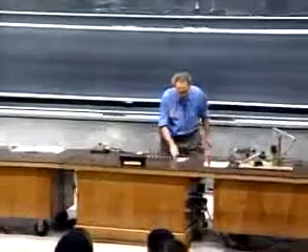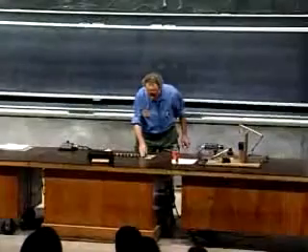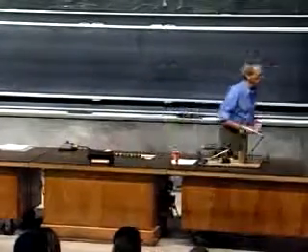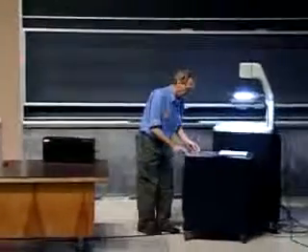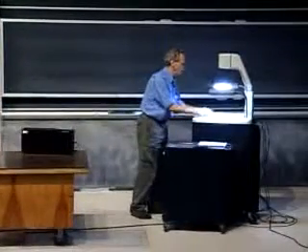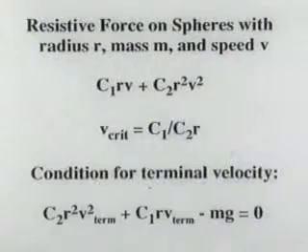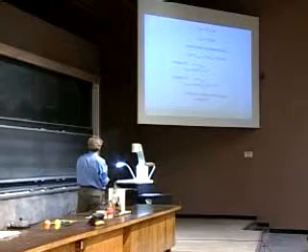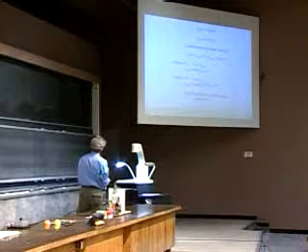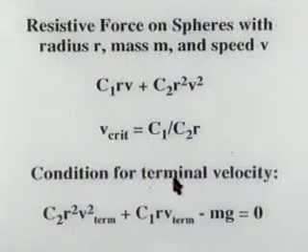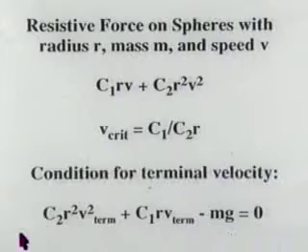I have for you a view graph that is on the web, so you do not have to copy it. It summarizes what I have just told you. It has all the key equations. You see there on top the magnitude of the resistive force. You see then the critical velocity. There's nothing critical about it. It's just the speed at which this term has the same magnitude as this term. Then you see the condition here, which I called equation 1, for terminal speed.